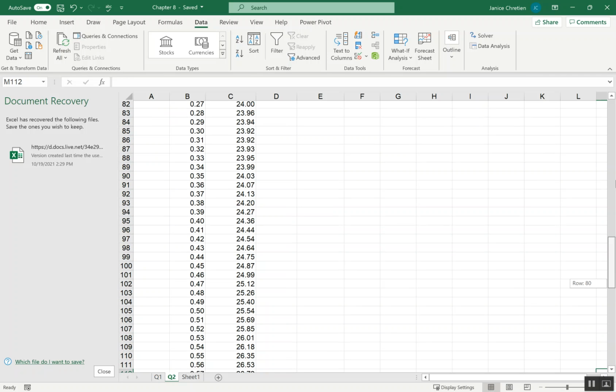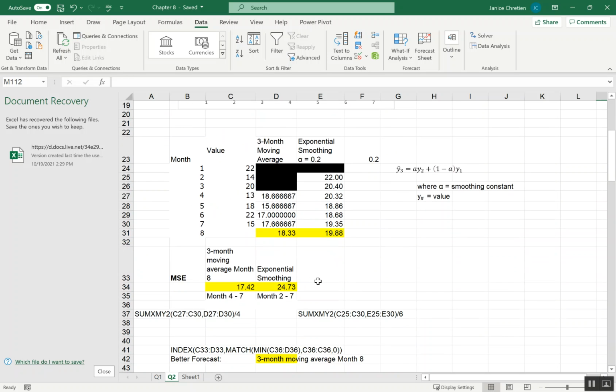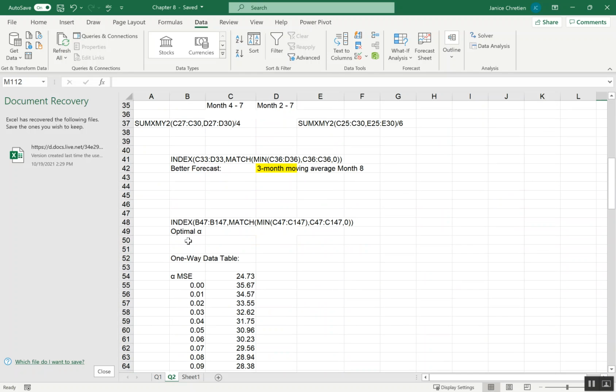Here's how we're going to finish this problem off. Just like before, my optimal A is going to be this formula: equals index, and it's going to be B54. I moved my data around.